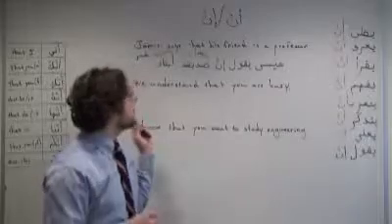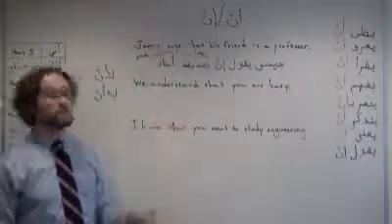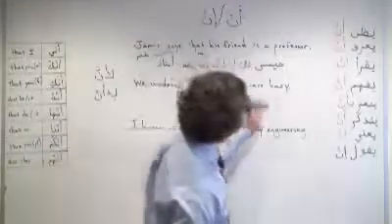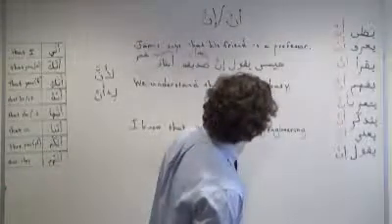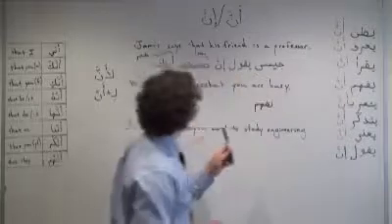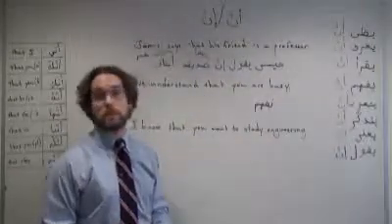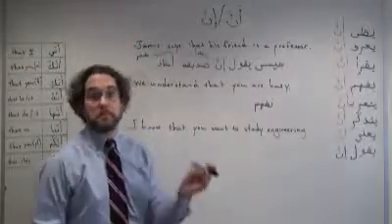So if we take our second sentence, we understand that you are busy. We'd start with that verb, Nafham, that you. Let's assume that it's a singular masculine you that we're talking about.